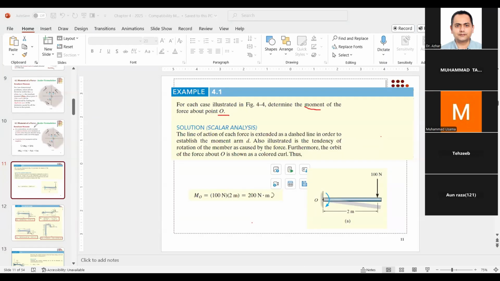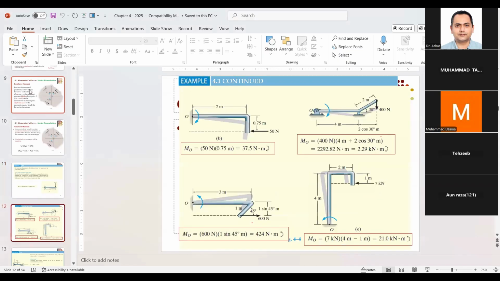So in every problem, you will see that there is a point O. So moving to the next slide right here. Okay. So you see right here is point O. We have to find the moment about point O because of this force 50.